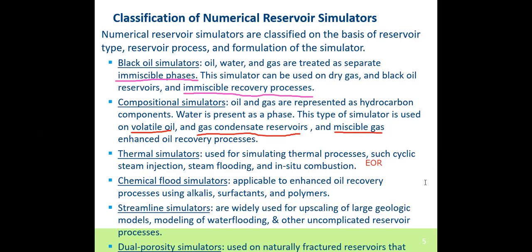For chemical flood simulators, this is also enhanced oil recovery, but for chemical flooding, you are using polymers, surfactants.